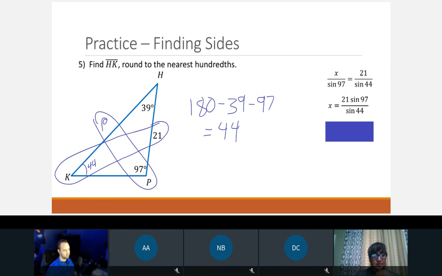30? 30.01? Yeah, I got 30.01. So let me quickly go over rounding real fast for this problem. Does somebody have it handy?